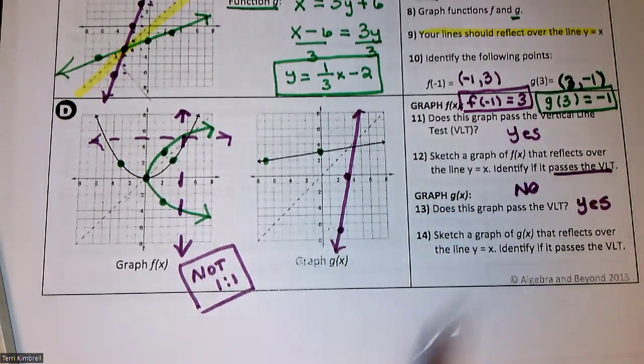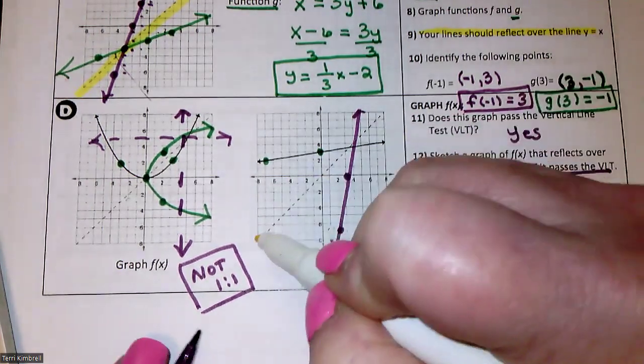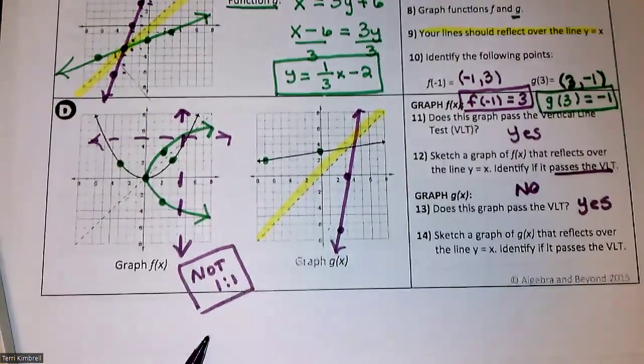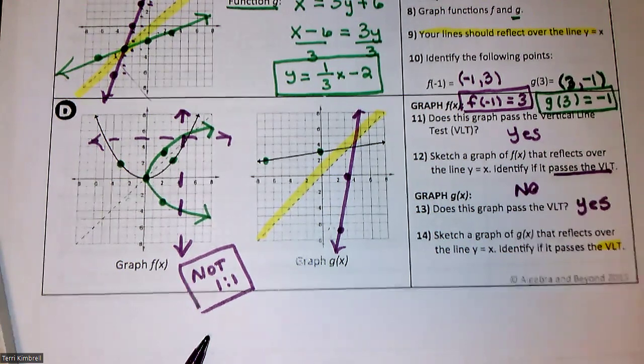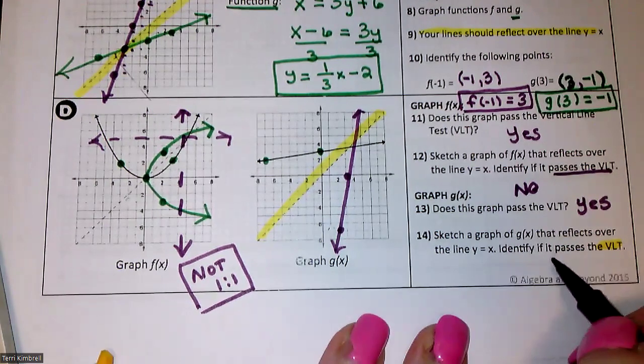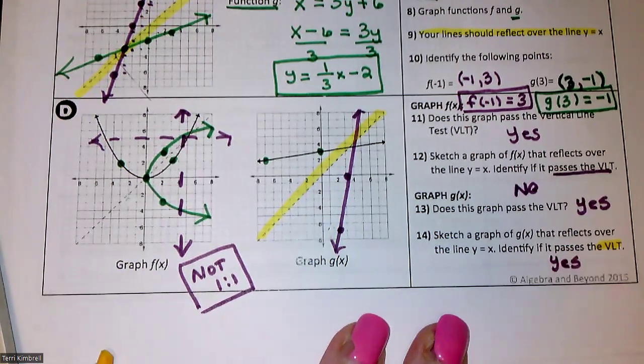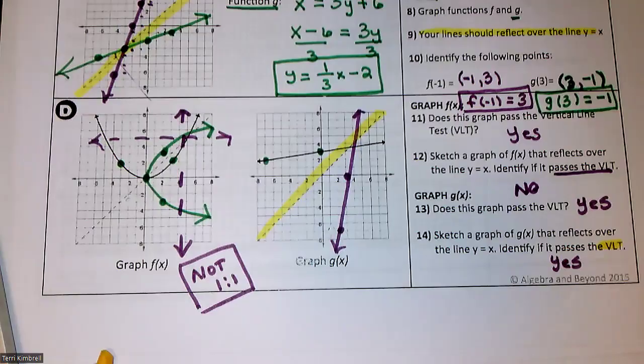Okay, and this would reflect over the line y equals x. So when I reflect that, it would pass your vertical line test. And so this would be one-to-one, okay?